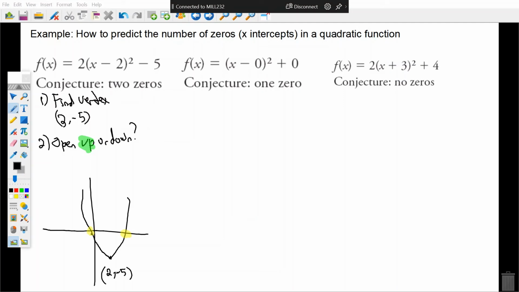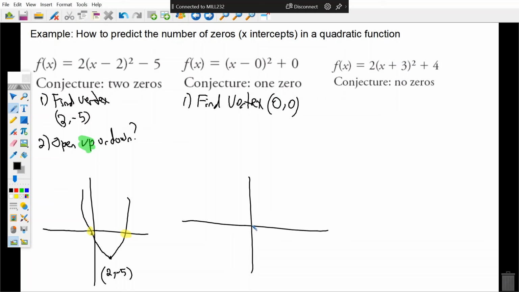It says f of x equals negative 0, x minus 0 squared plus 0. Step 1 is to find the vertex, which in this case is at 0 and 0. If the vertex is at 0 and 0, this graph opens up.